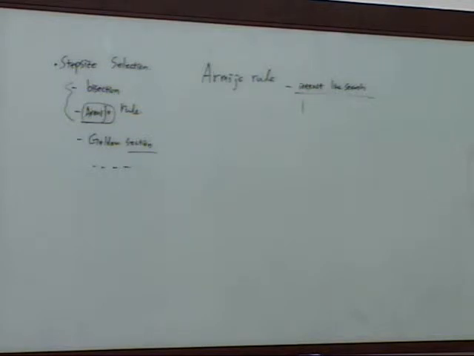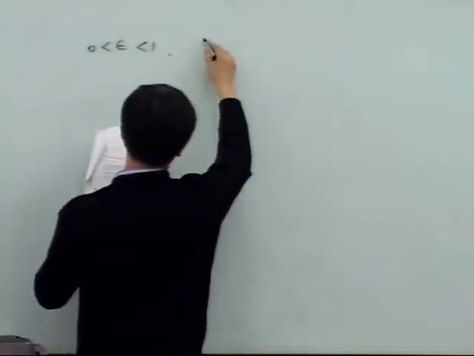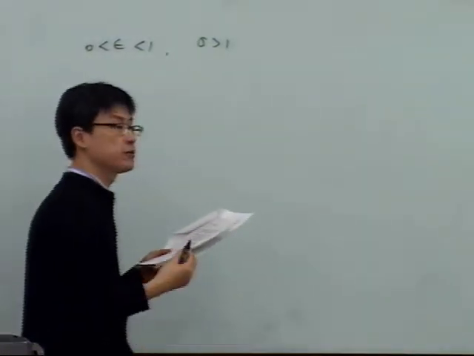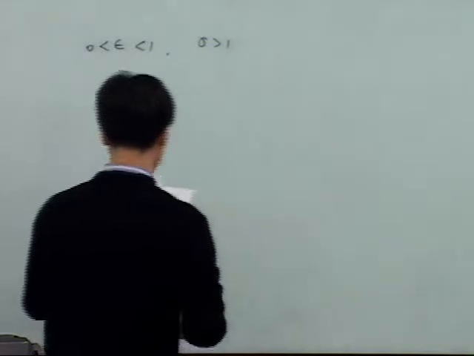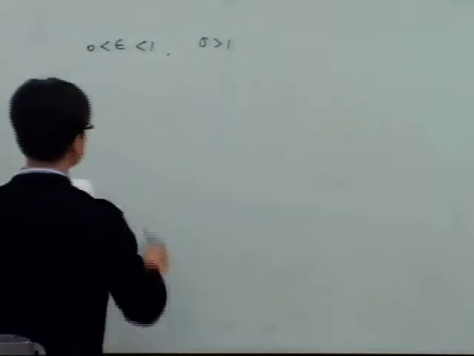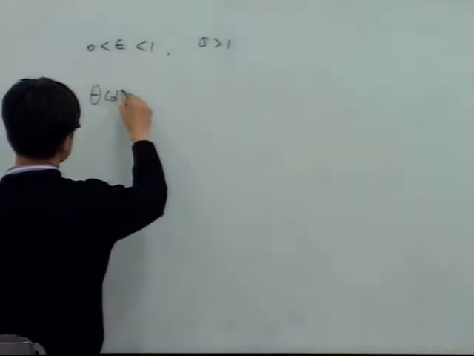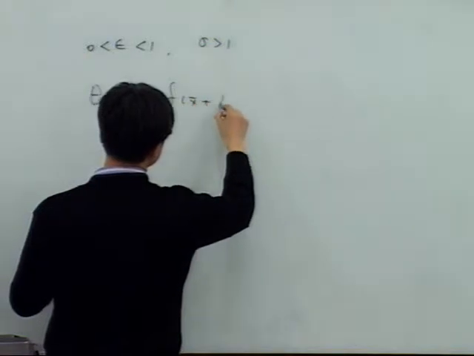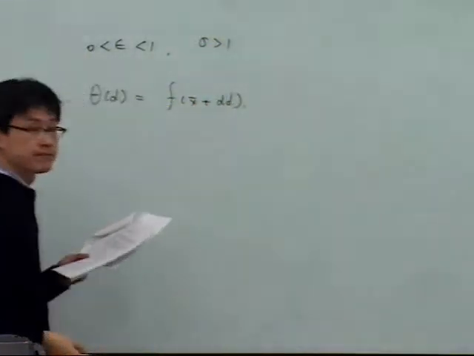And this is it. The Armijo rule requires two parameters: epsilon, which is from 0 to 1, and sigma, which should be greater than 1. You need to list two new parameters, and suppose we are minimizing a function, the same function like zeta alpha. It's given like this, right?